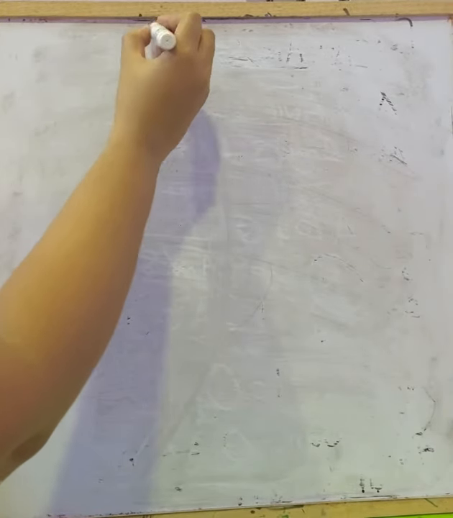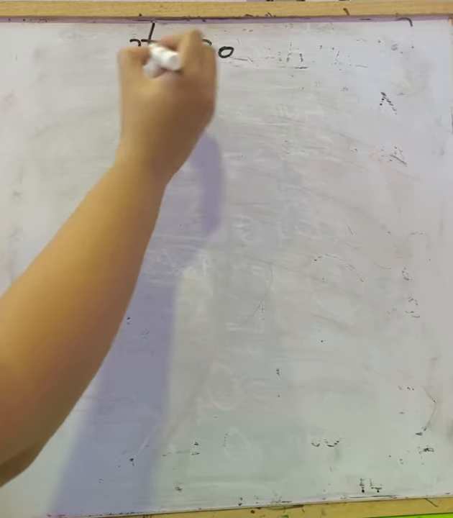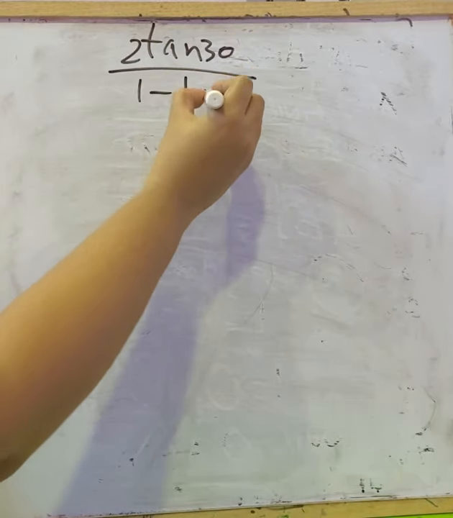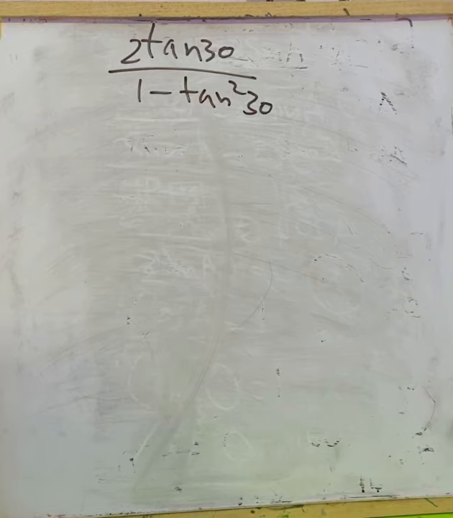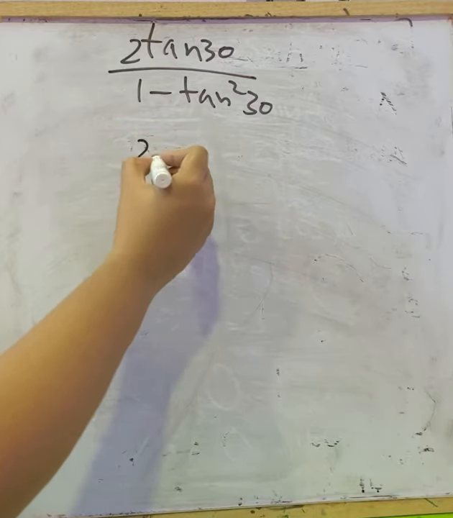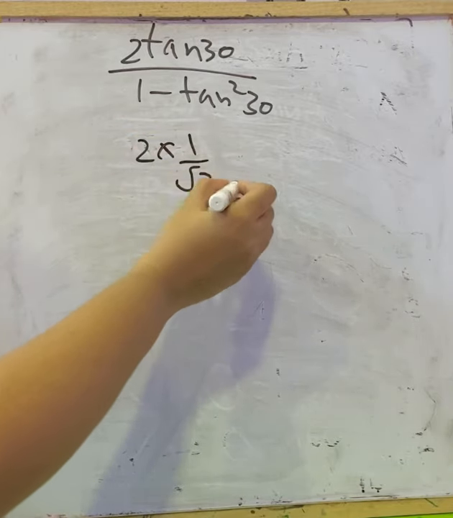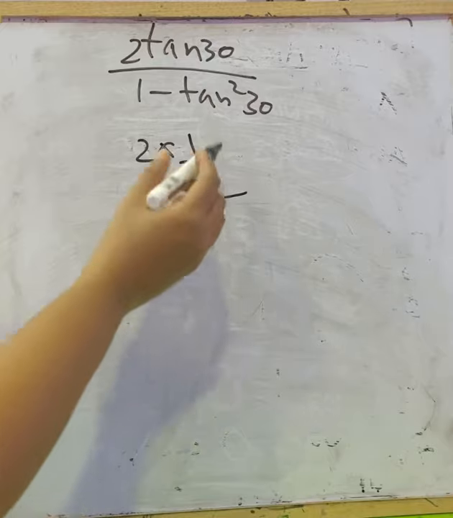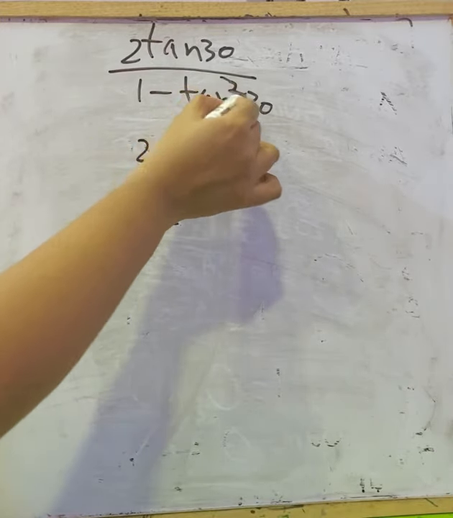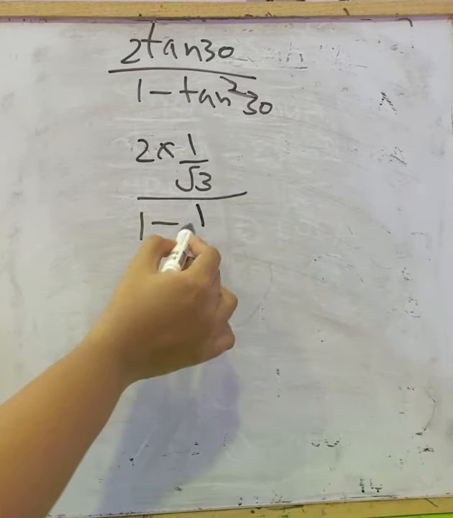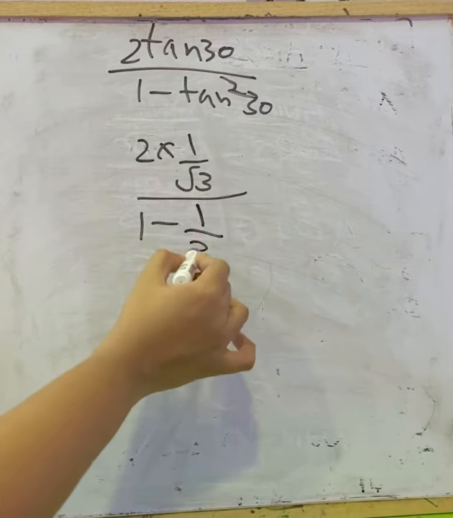Next question. 2 tan 30 by 1 minus tan square 30. Here we have to substitute the value for tan 30, that is 1 by root 3. So this becomes 2 into 1 by root 3 by 1 minus 1 by root 3 square. That is 1 square by root 3 square is 3.